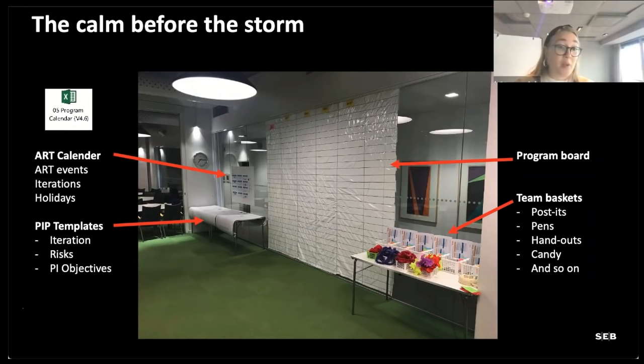If you have a Miro board, that's awesome. Sadly, our company didn't have a Miro board, so that's why I've seen a lot of creative solutions in Excel. But this was actually just put up on the walls in the room. So imagine a very big Excel on the wall where you could interact.